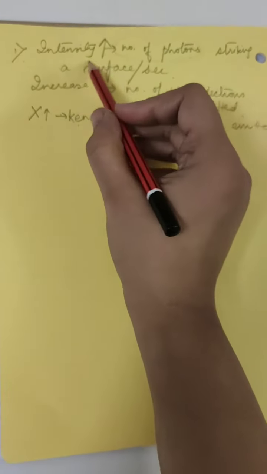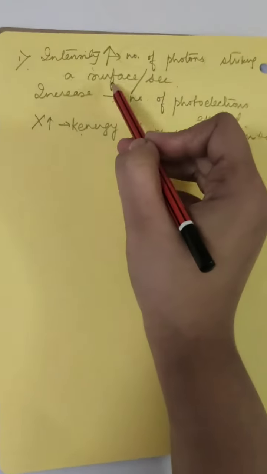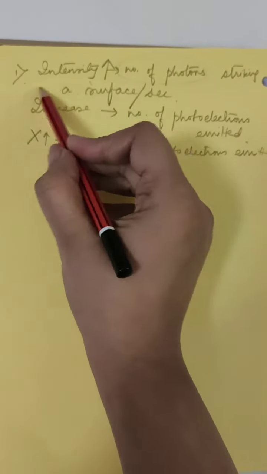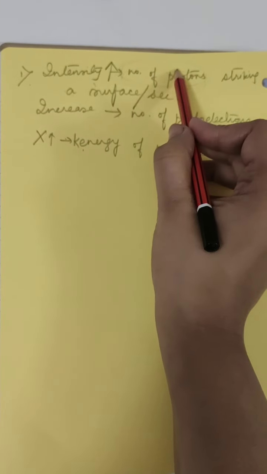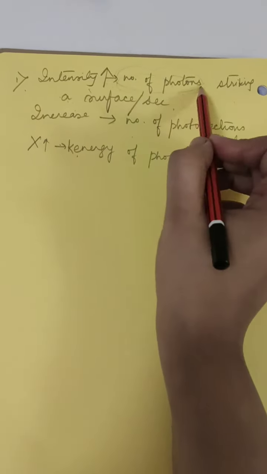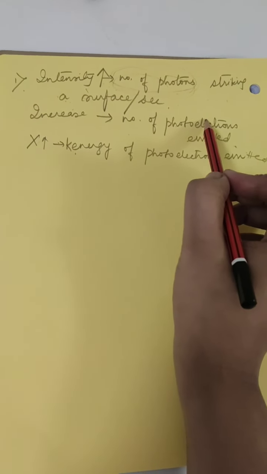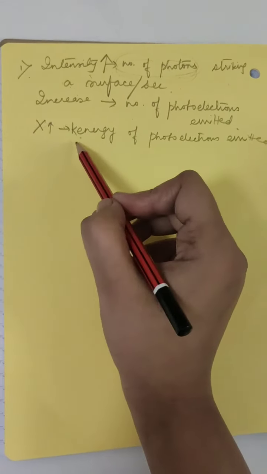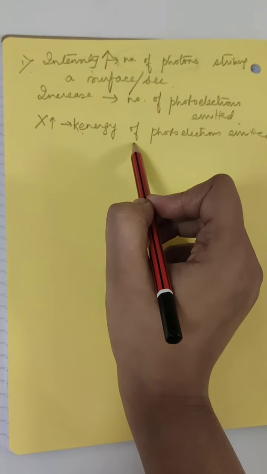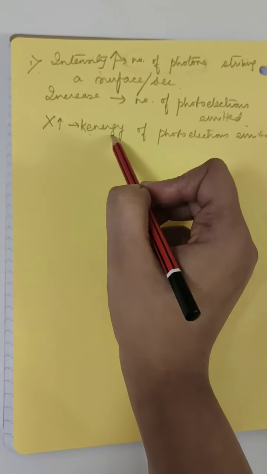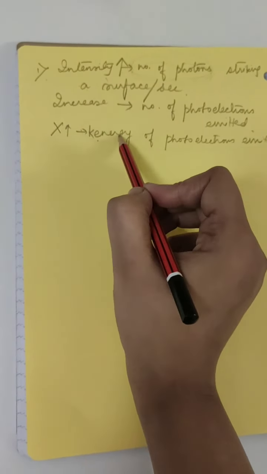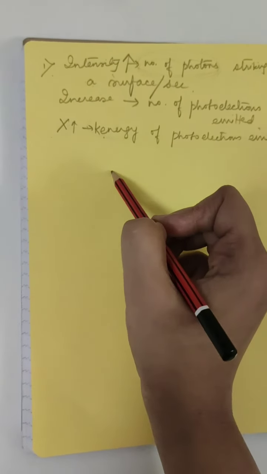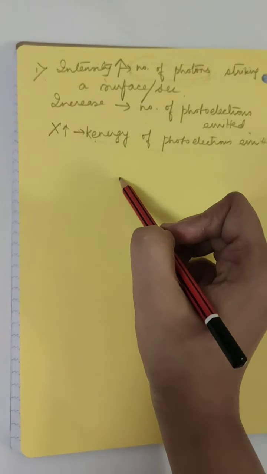Intensity increase means the number of photons striking a surface per second increases, and one photon ejects one electron. If 5 photons are there, then 5 electrons will get emitted. But that will not increase the kinetic energy of the photoelectrons, because kinetic energy of photoelectrons depends upon the energy with which the photons are incident on the metal surface.